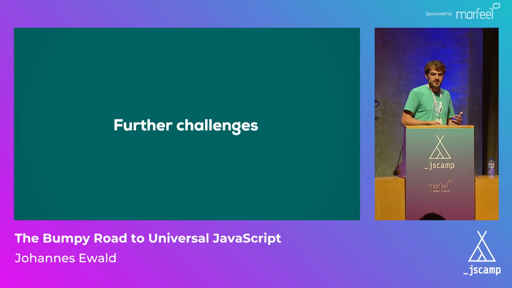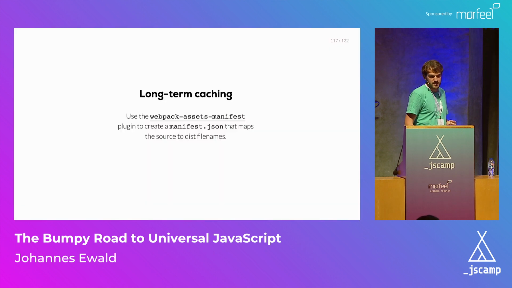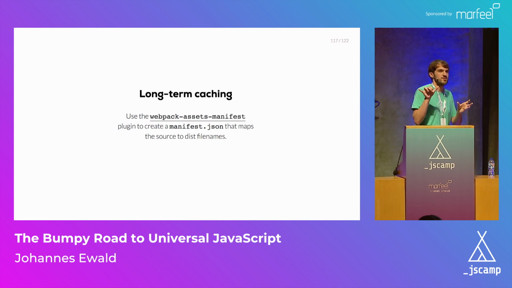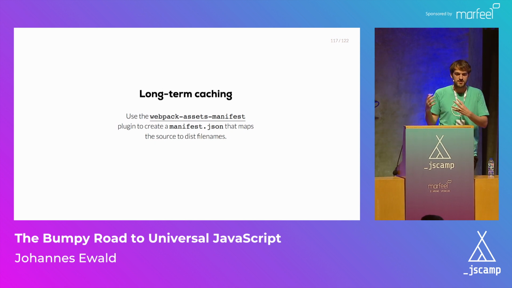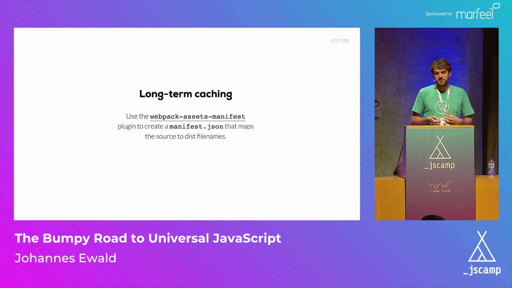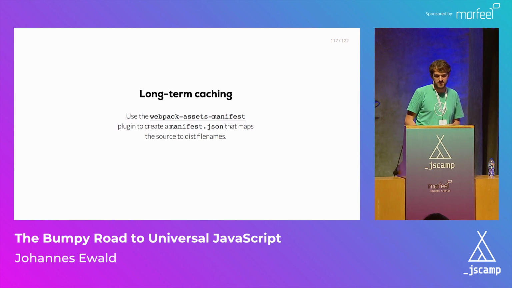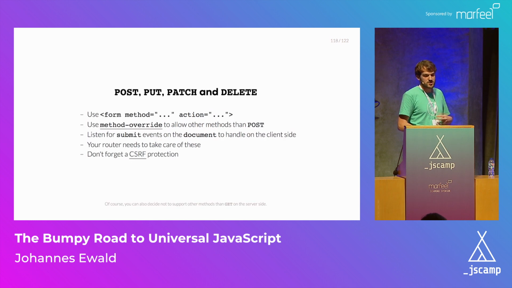So, further challenges. If you're using long-term caching, if you're using these hashes in the URL, you can use the webpack assets manifest, which generates a manifest JSON, and this maps the source names to the dist file names. You also need to consider other request methods like post, put, patch, and delete.